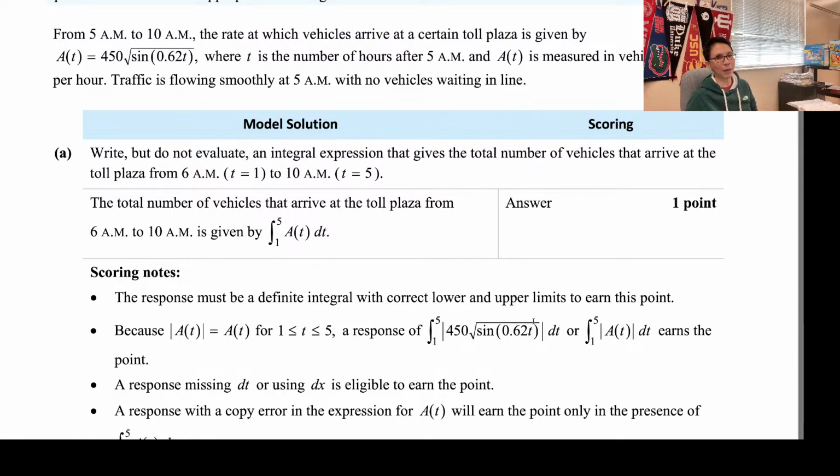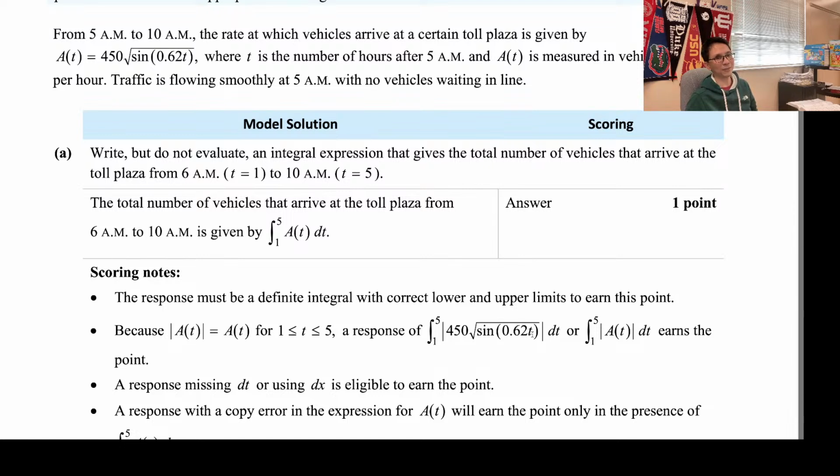Now, why doesn't the absolute value matter? Because first of all, 0.62t between 1 and 5: at 5, 0.62 times 5 is going to be 3.1. 3.1 is less than 3.14. For anything less than 3.14, your sine value is still going to be positive. There's a reason for that: if it's negative, you cannot take the square root.